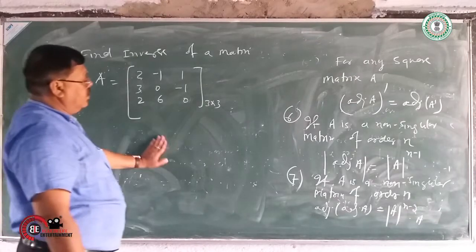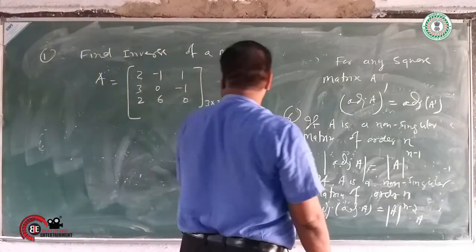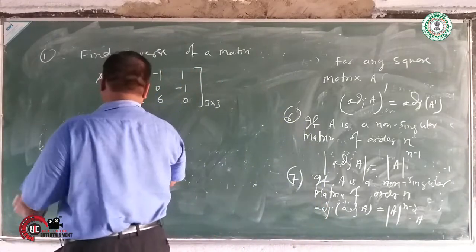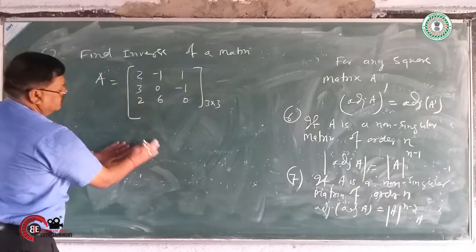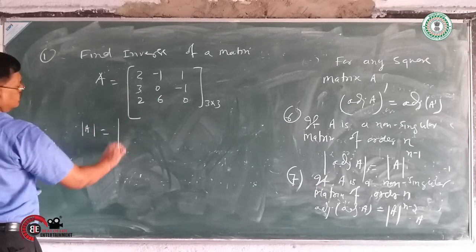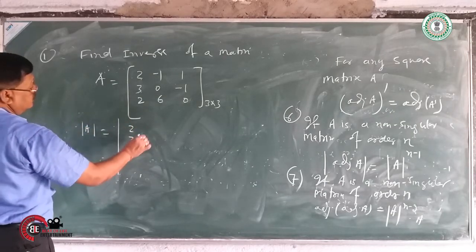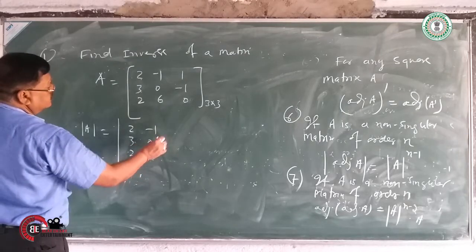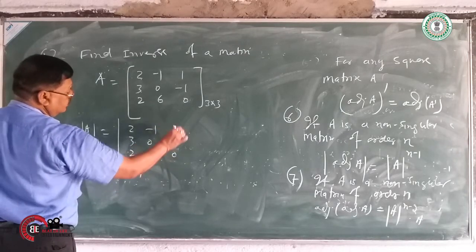We have to find the inverse of this matrix. So first of all, to get the inverse, we find cofactors and determinant. Take the determinant of [2, 3, 2; minus 1, 0, 6; 1, minus 1, 0].